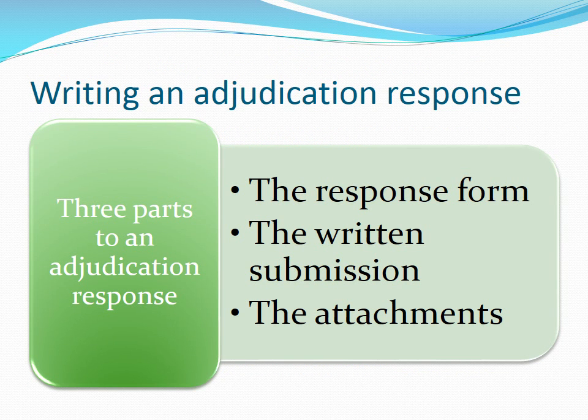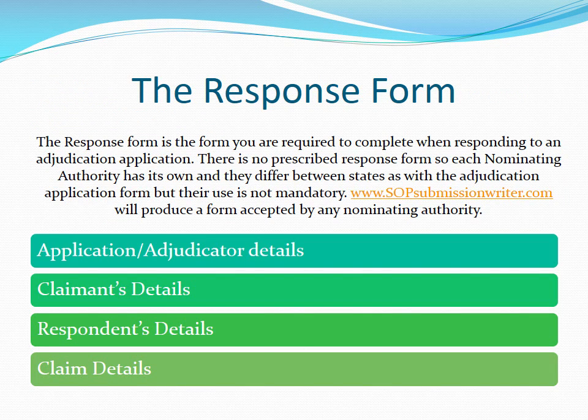Writing an adjudication response. Like the application, the response can be divided into three parts: the response form, the written submission, and the attachments. The adjudication response form is very similar to the application form, so I would refer you to the comments made in regards to the adjudication application form.